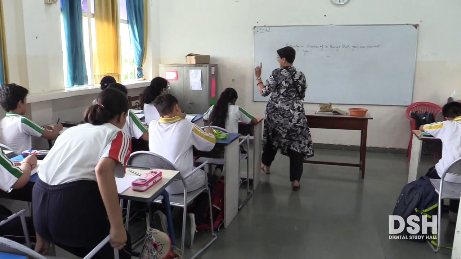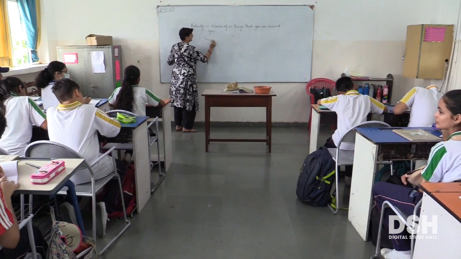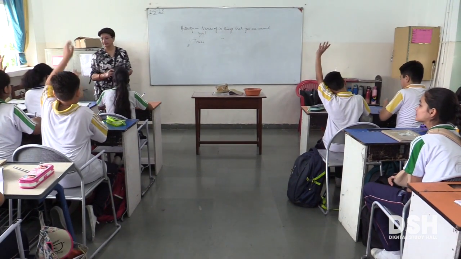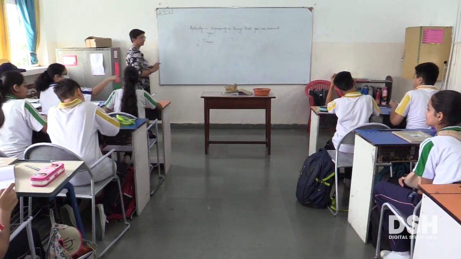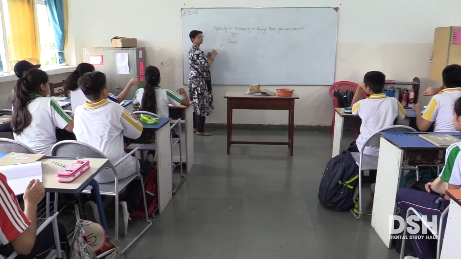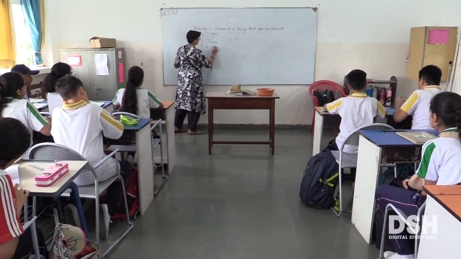Okay, so I'll keep writing and don't repeat. What comes up on the board, you don't repeat. Anybody else? All right, Kulsum? Auntie, class 6C from there. Okay, 6C.